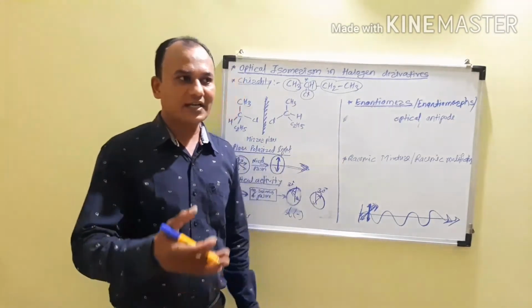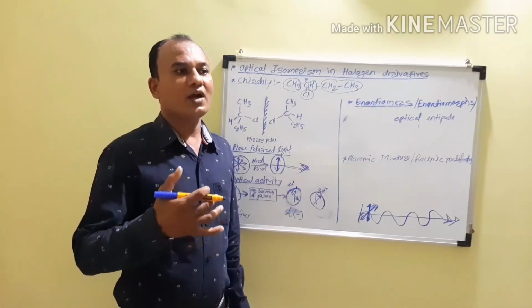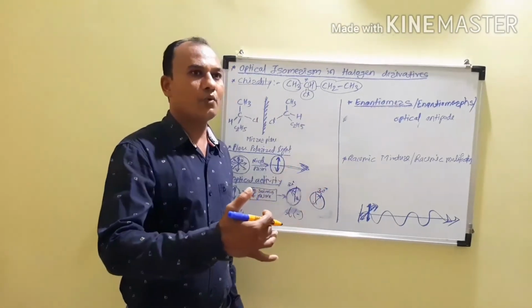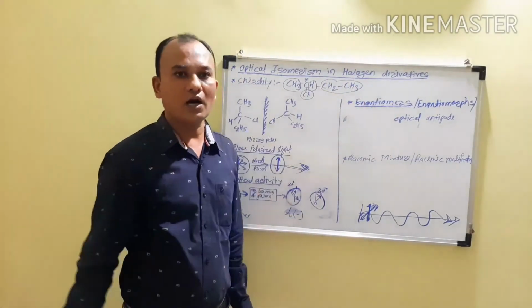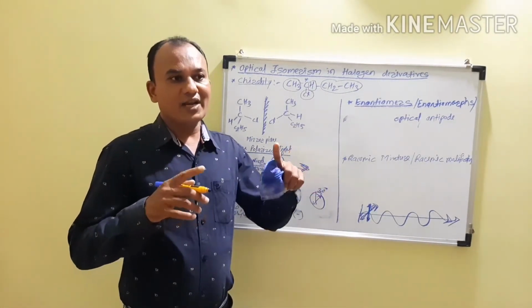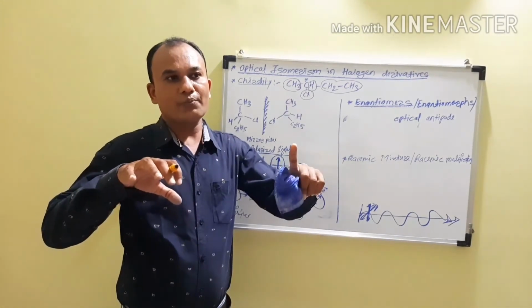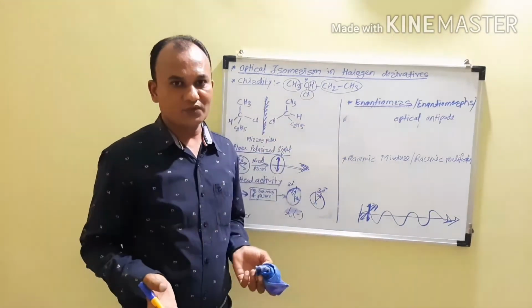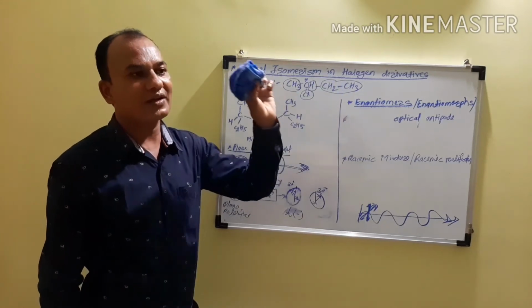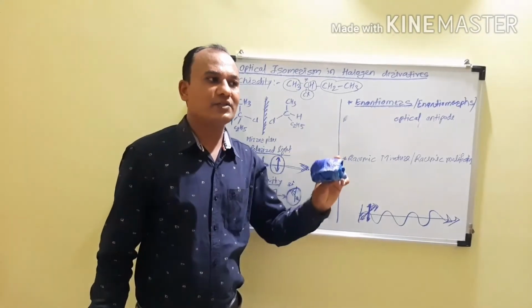It means if I take any enantiomer or any optically active compound and react it with another optically active compound, the products obtained are different because both are optically active. But when I treat the optically active compound with an optically inactive compound, the product obtained will be the same. So you have to remember that enantiomers have different chemical properties towards an optically active reagent.